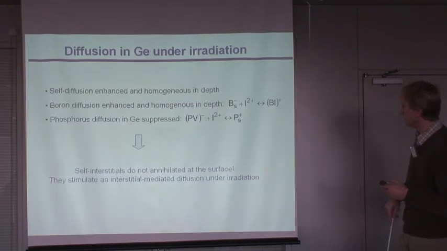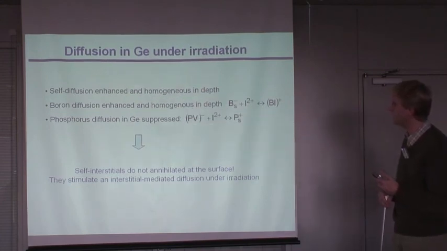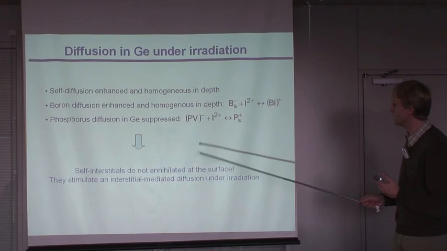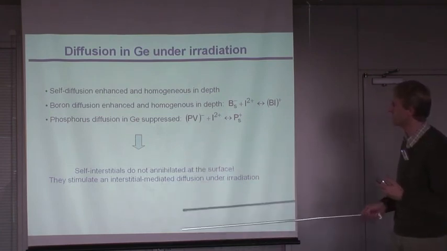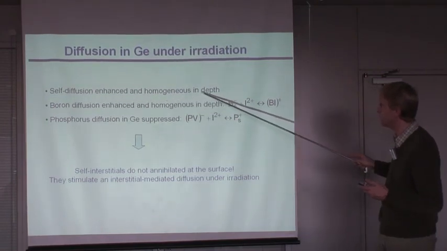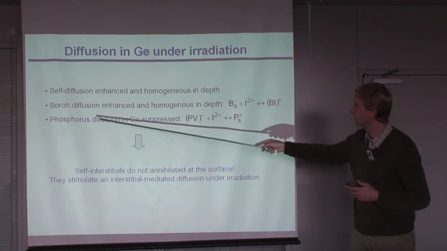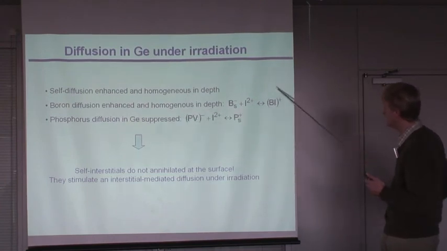Okay, so here are the three evidences that the self-interstitials are important under irradiation. First, the self-diffusion enhancement and homogeneity in depth. That was the first indication. Then the boron diffusion was enhanced and homogeneous in depth. This gives a hint of this reaction.